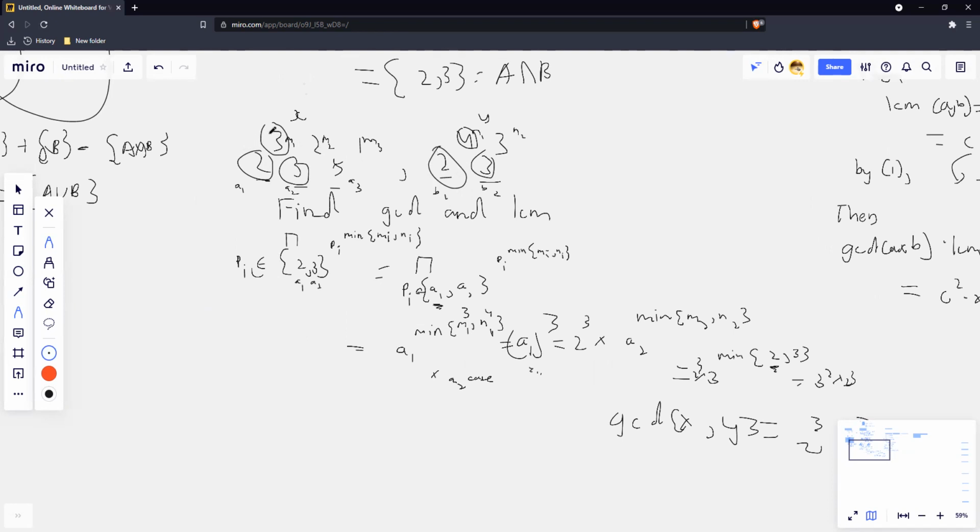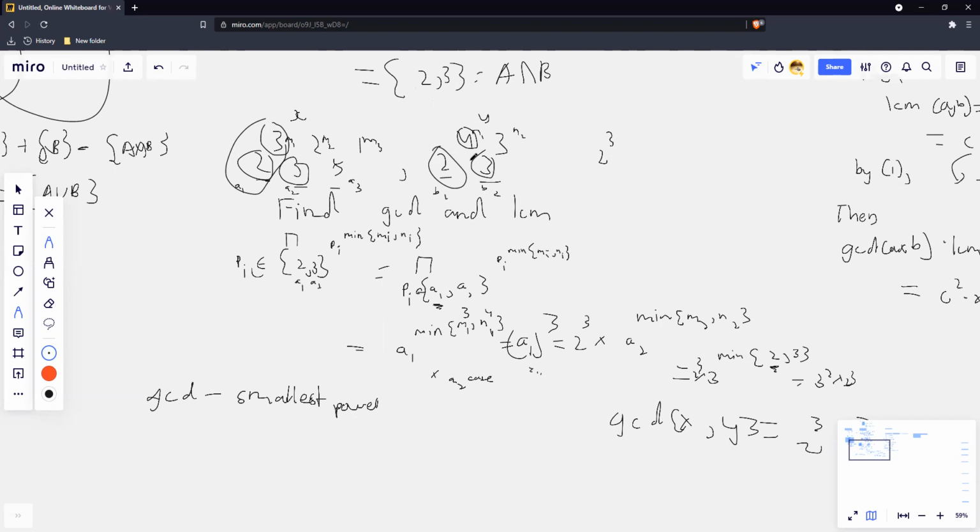If so, then we check which has the smallest power. So GCD, smallest power. And if we find the smallest power, we write it down in the GCD. Let's check the next one.